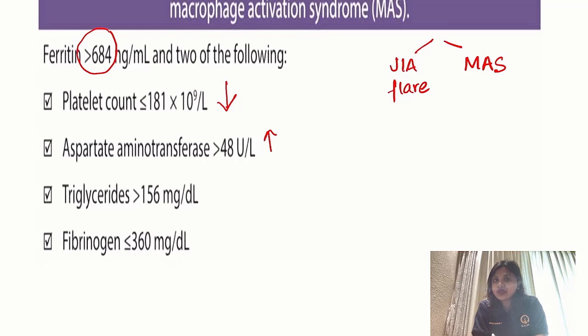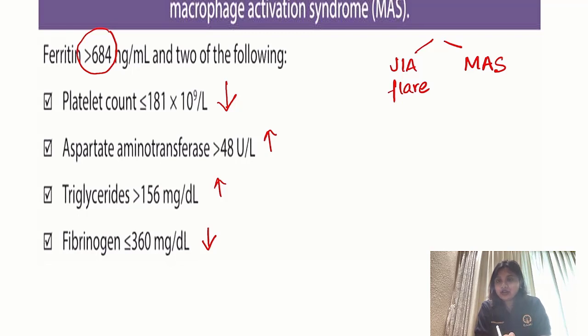Triglycerides more than 156 milligrams per dl, and fibrinogen less than or equal to 360 milligrams per dl. You might not remember the absolute values, but what you can remember is that we are going to get hyperferritinemia, elevated liver enzymes, hypertriglyceridemia, and hypofibrinogenemia. So even if you remember this grossly with the value of ferritin, which is more than 684 nanogram per ml, that is enough. Okay.